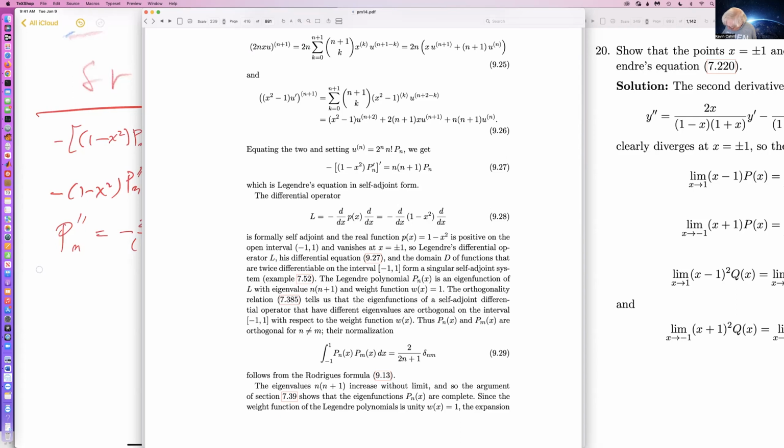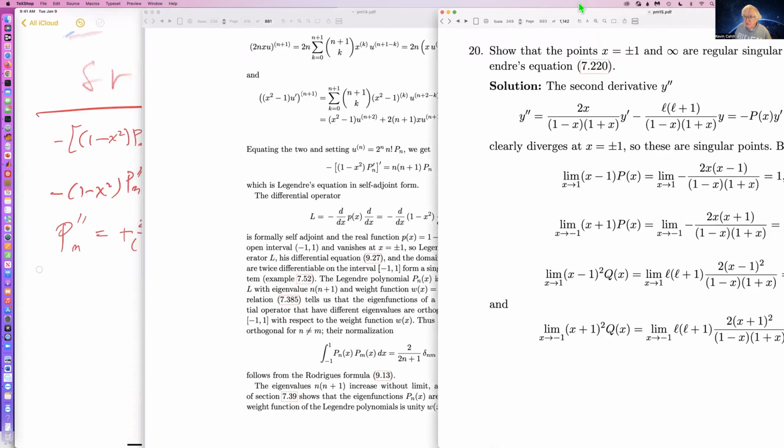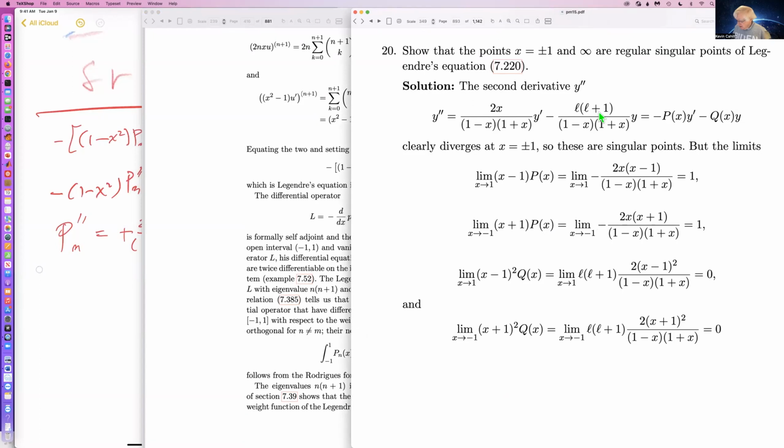Oh, actually, we've got two minus signs, so that's a plus. And then we get minus n(n plus 1) P_n over (1 minus x squared). So it looks like that. And that then should be what we have on the right-hand side here.